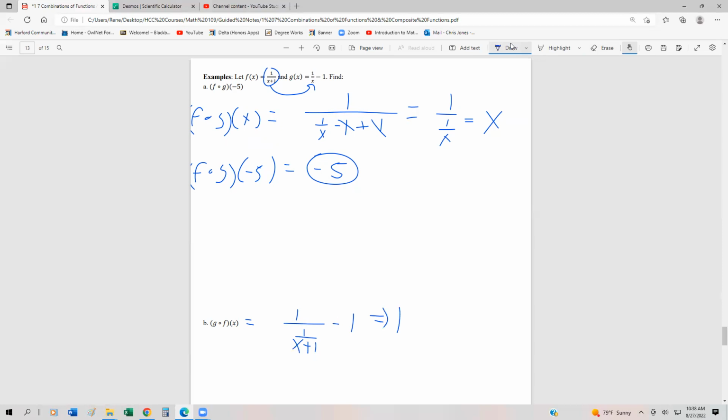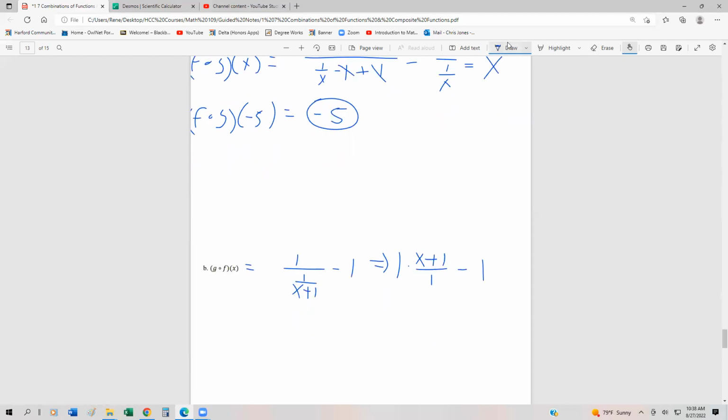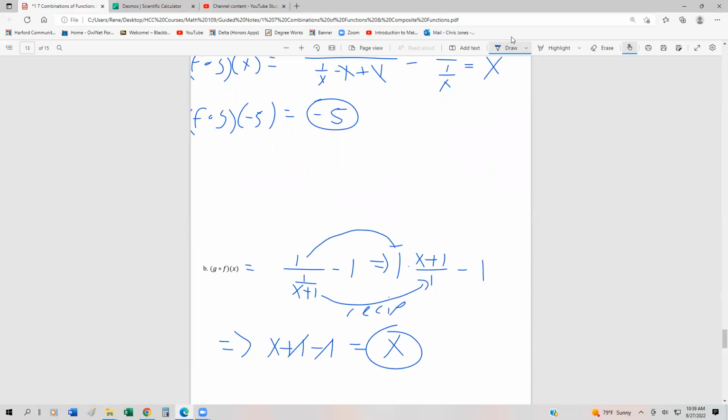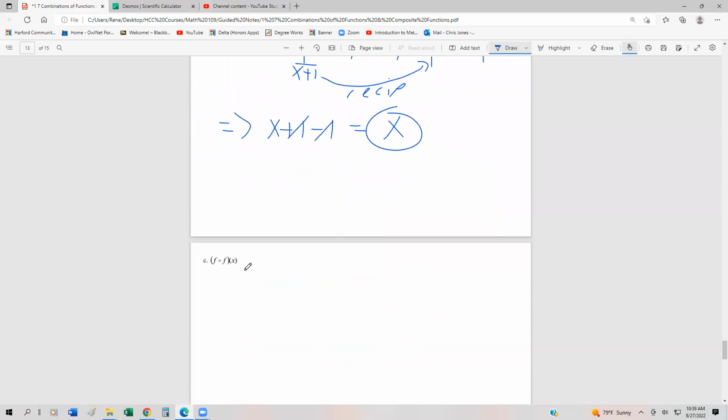So this is going to be 1 times x plus 1 over 1, minus 1. We just multiply by the reciprocal. That becomes x plus 1 minus 1, which is equal to x, because those 1's cancel out. Again, we're taking this 1 and multiplying by the reciprocal of the denominator.